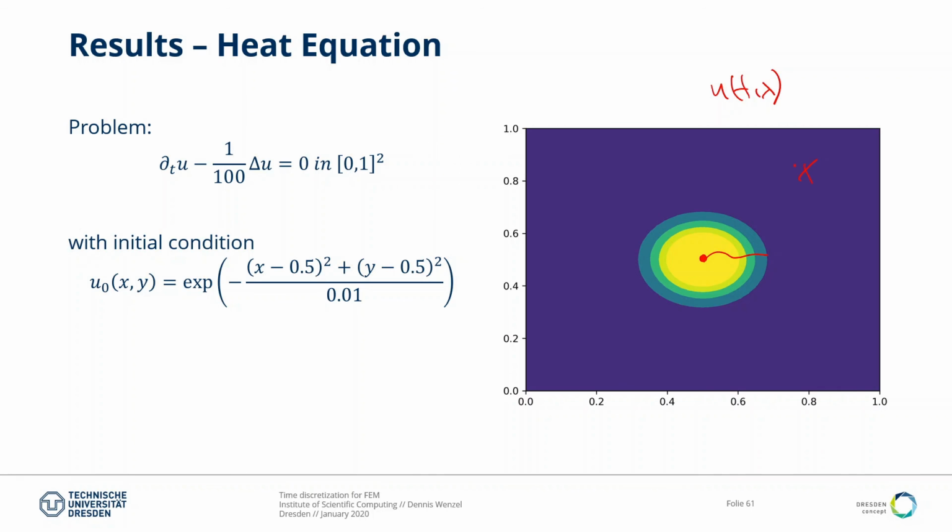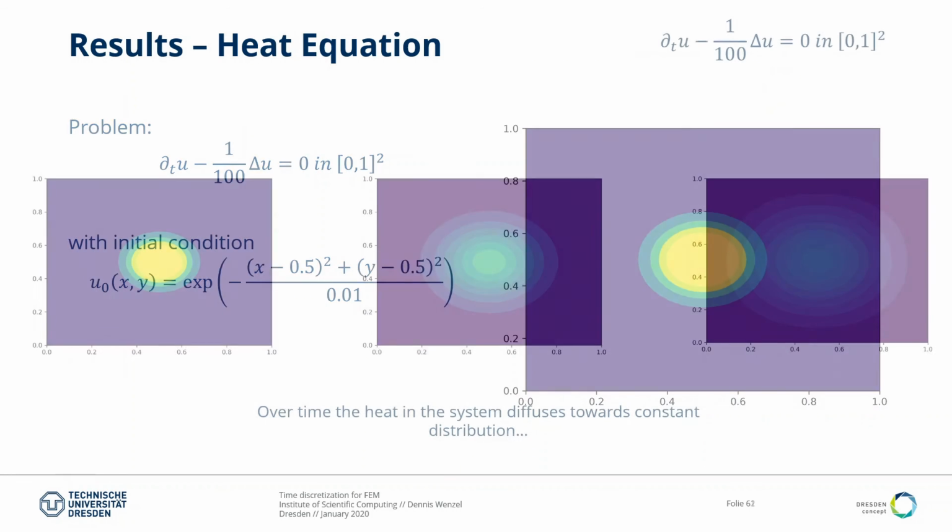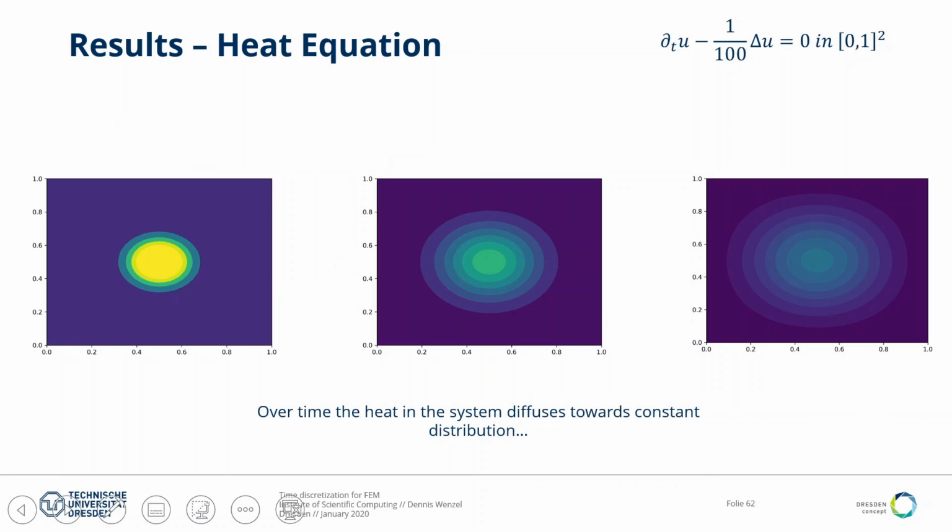Okay? And then you see, if you look at this over time, that your temperature is just diffusing towards an almost constant distribution. So over time, for a point out here, for example, you would have an increasing heat because the initial profile would spread in the domain, right? You see, if you take this point x here from the first to the last time step, then you see that it has heated up.